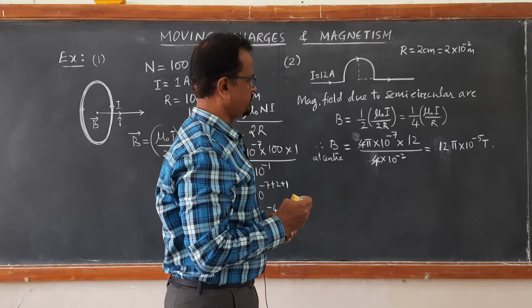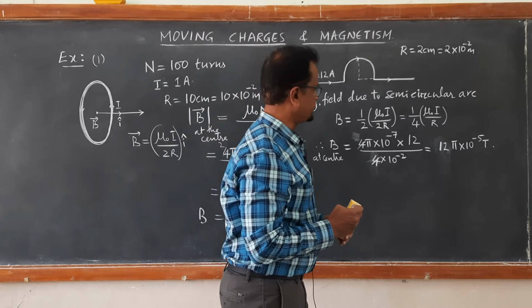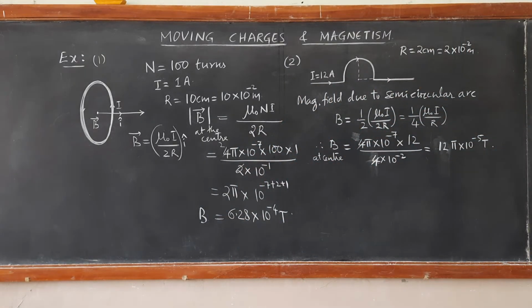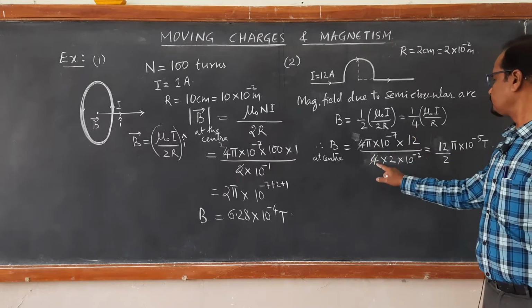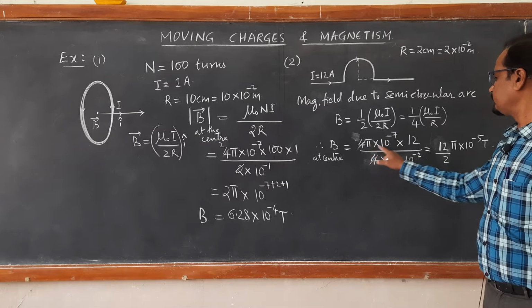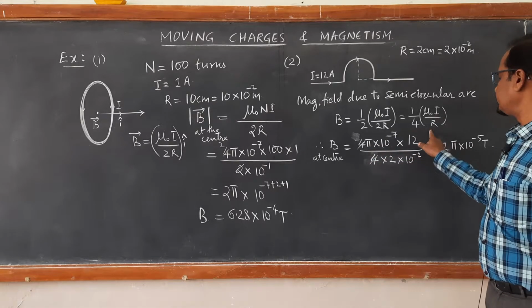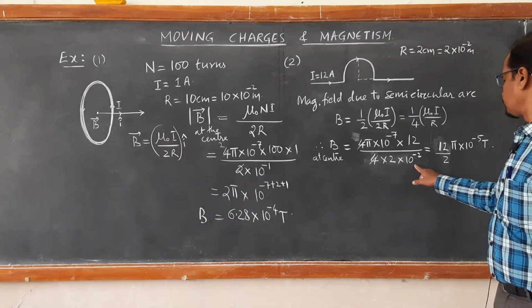So if it is calculated, you will get the value to be... so there was a correction here, 1 by 4. So 1 by 4, I have written mu naught as 4 pi into 10 to the power of minus 7, I is 12 ampere, divided by the radius. Radius is 2 centimeter, 2 into 10 to the power of minus 2.